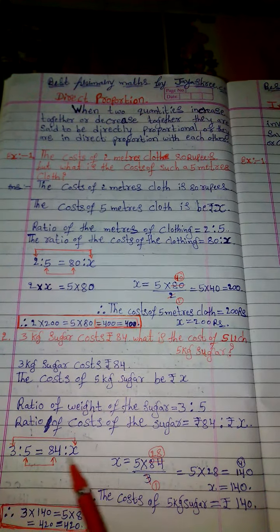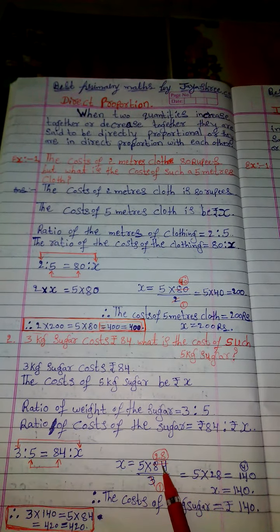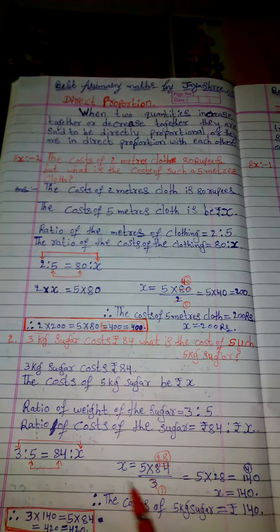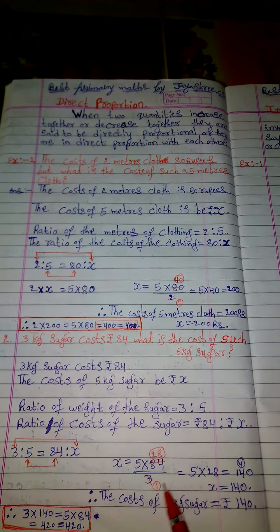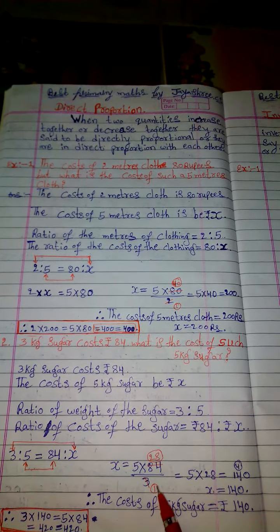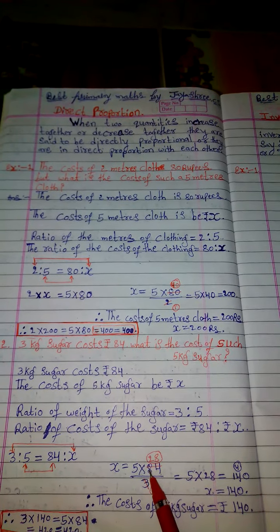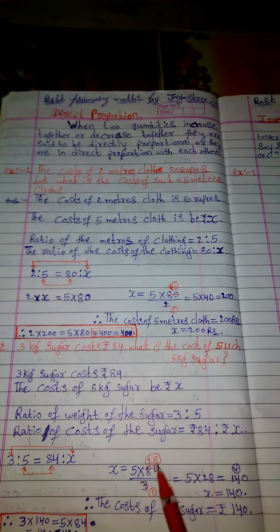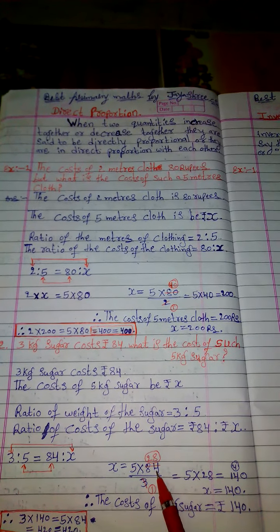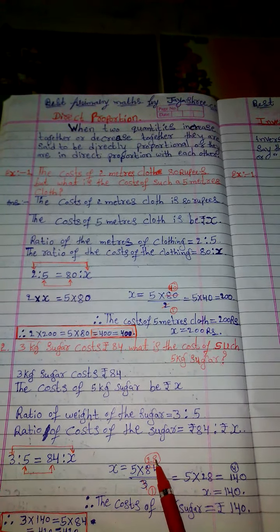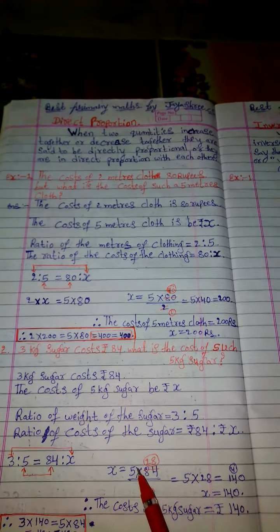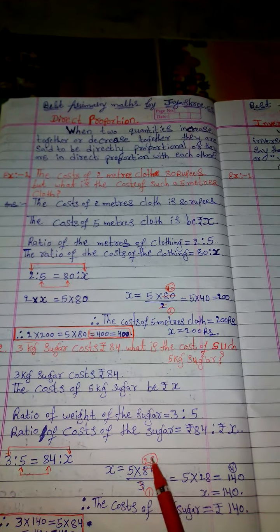X equals 5 into 84 divided by 3. 3 ones are 3, 3 twos are 6, 2 left, 24, 3 eights are 24. 28 left. X equals 5 into 28.